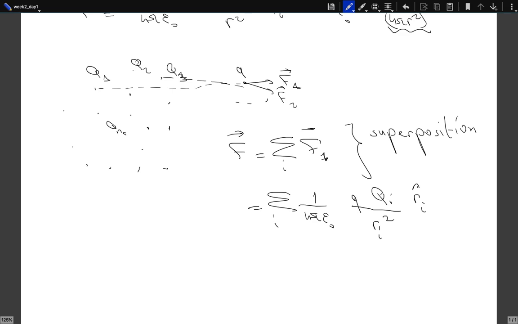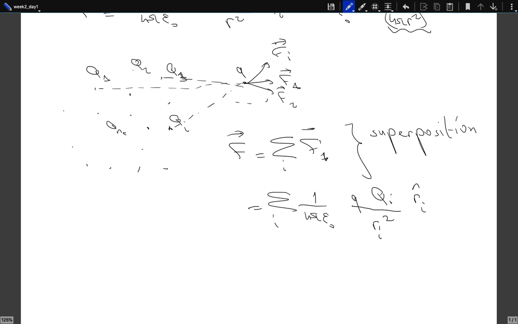What each one of these symbols means: I am looking at this charge Qi over there, an arbitrary one. It will create a force in this direction. Let me just call it Fi. So this will be the direction. I don't really know whether it is positive or negative. I'm just choosing some arbitrary direction for the purpose of the sketch.